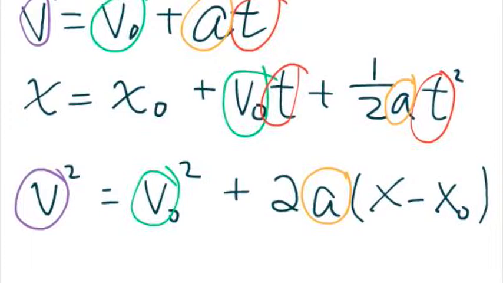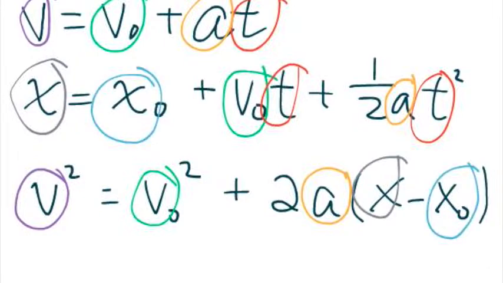And last but not least, displacement or distance. We have initial as well as final. To summarize, these are the 5 variables that occur in the 3 kinematic equations.